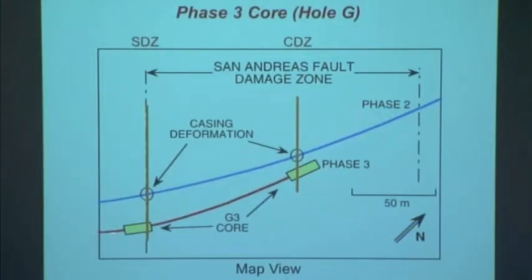This red curve is a multilateral core drilling, and cores were taken in a total of 2 places. Cores were taken to target where the creeping sections of the fault were identified in the phase 2 drilling. So this yellow section is one set of core, and then the second to find the central deforming zone is this section here. A total of about 30 meters of core were recovered in the process.